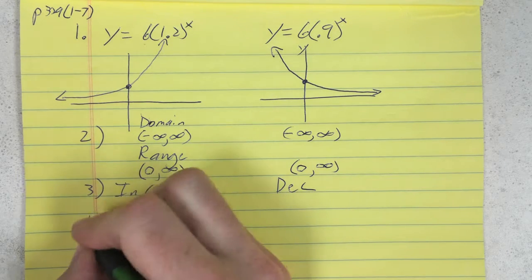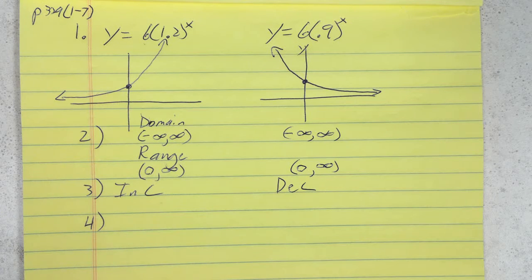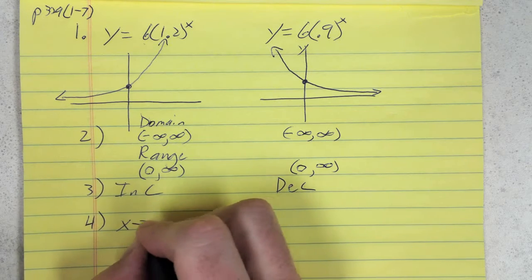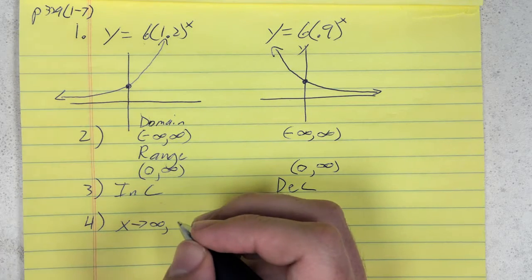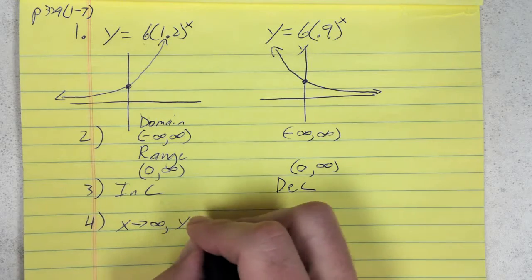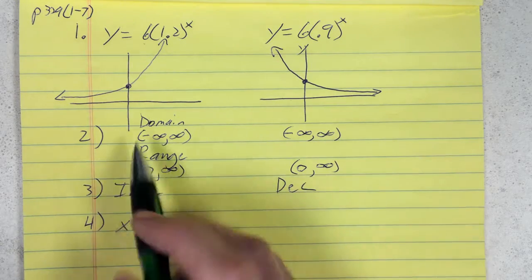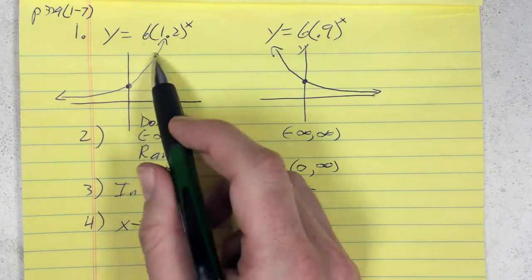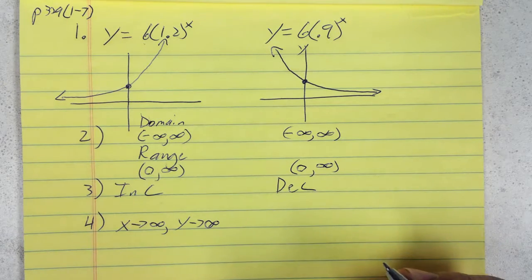All right, number 4. Describe end behavior of each function as x approaches infinity. For the first one, as x approaches infinity, y approaches infinity.